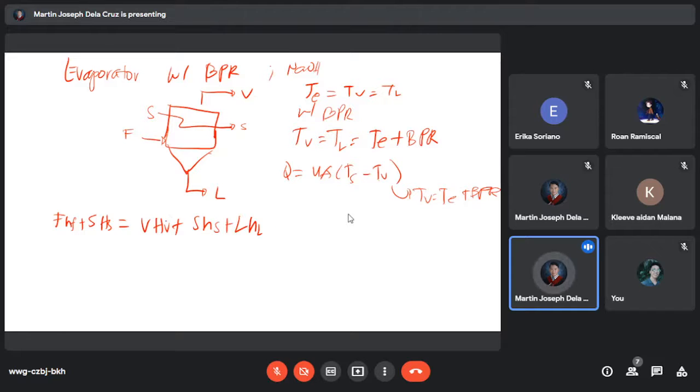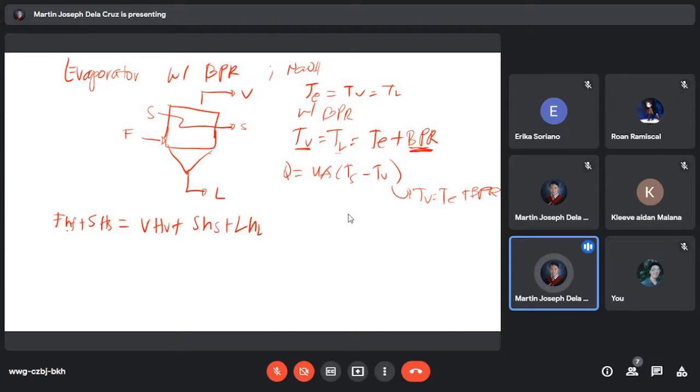So in here class, yung saturated vapor natin, yun na yung gagamitin natin dito. So dapat always nating i-add yung temperature ni boiling point rise class. Kaya yun yung effect ng may boiling point rise sa evaporator natin. Okay? And yung temperature ng liquid natin.